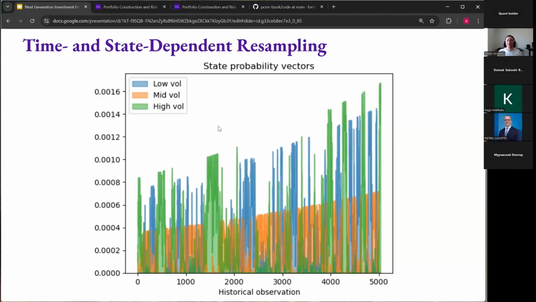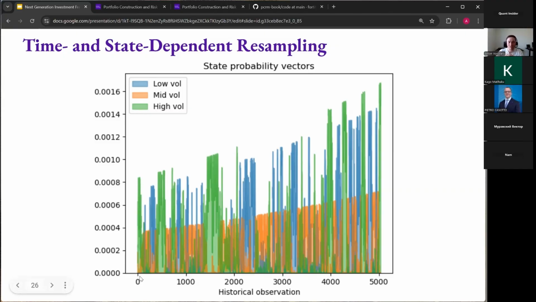So this is why we recently introduced this time and state dependent resampling class, where basically you can introduce some time dependence such as exponential time decay, but also some state dependence. So here, what you see on this plot is basically probability vectors for the historical observations.